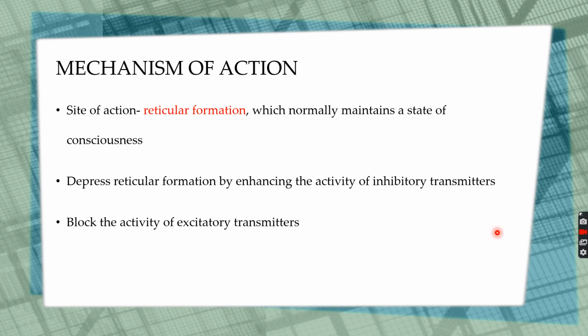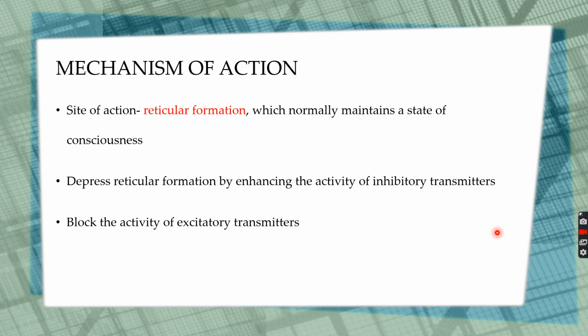Now, how do general anesthetics act? Before that, we have to know that there is a particular part of the CNS called reticular formation, which maintains a state of consciousness of the body. Therefore, general anesthetics act by depressing the functioning of this reticular formation. Now, the depression of the reticular formation can be by two methods. One, you either increase the activity of inhibitory transmitters like GABA. So GABA is an inhibitory transmitter which depresses the functioning of the central nervous system.